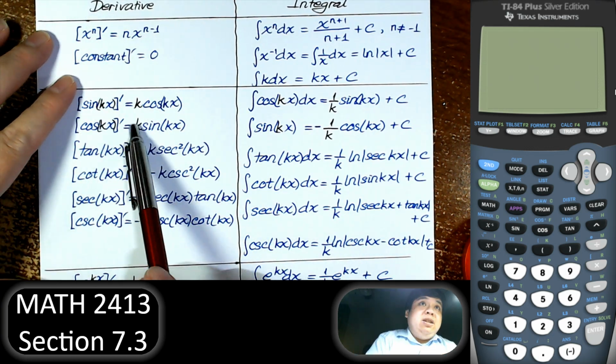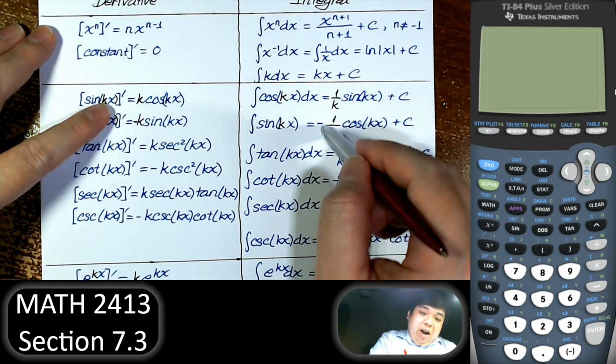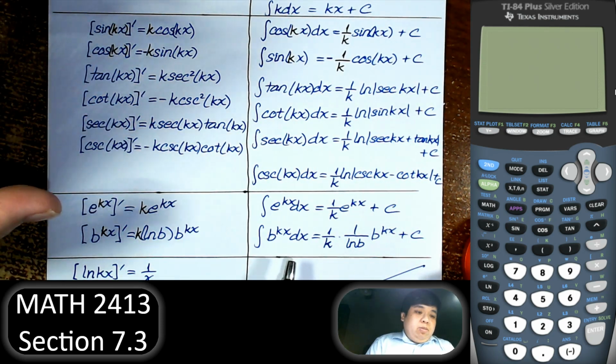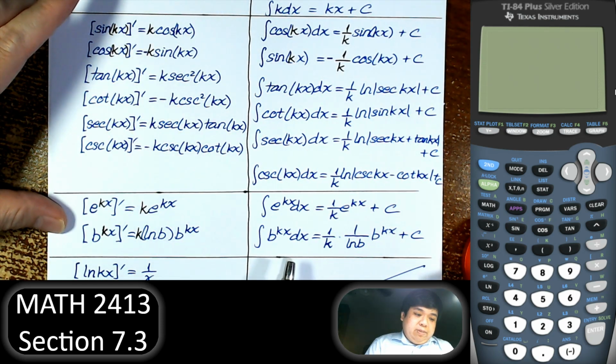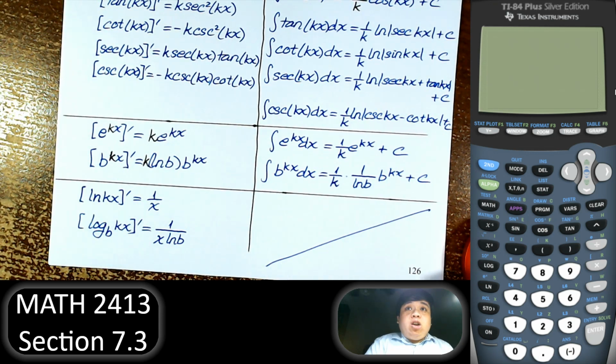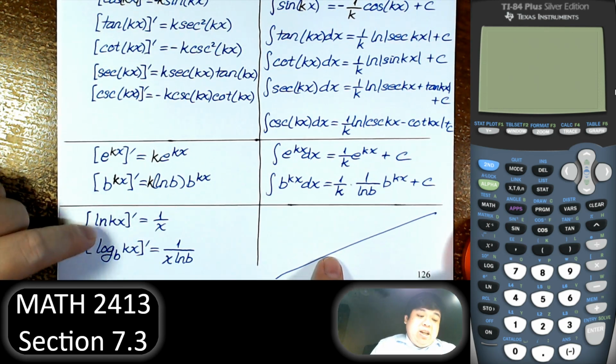If that is the case, derivative we just multiply by the constant. Integral we divide by the constant. So we have the power rule, trigonometric function, exponential function, logarithmic function. Those are the functions we have for derivative. Integral, pretty much we have all three, except we don't have the integral for the log.